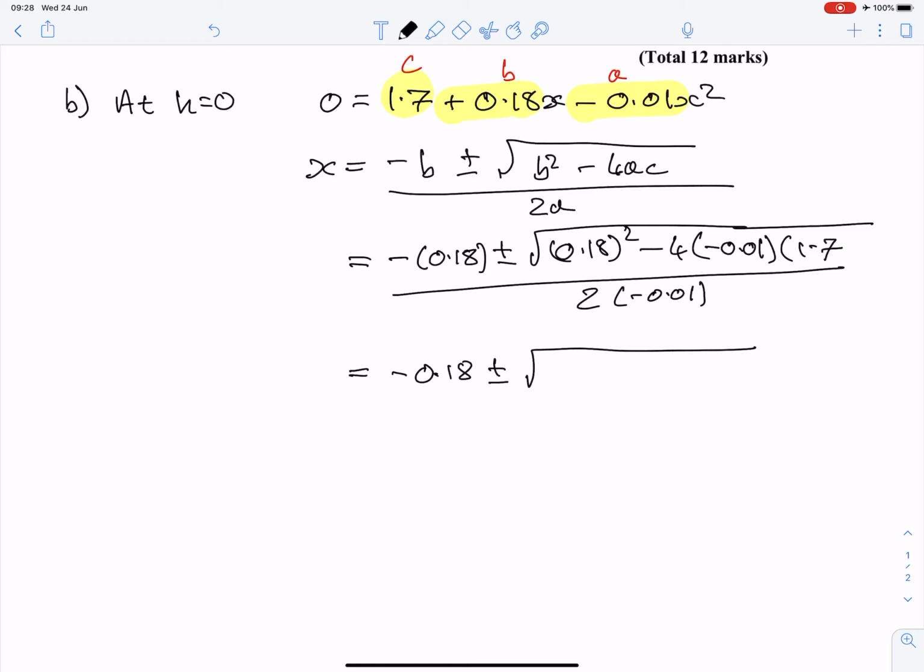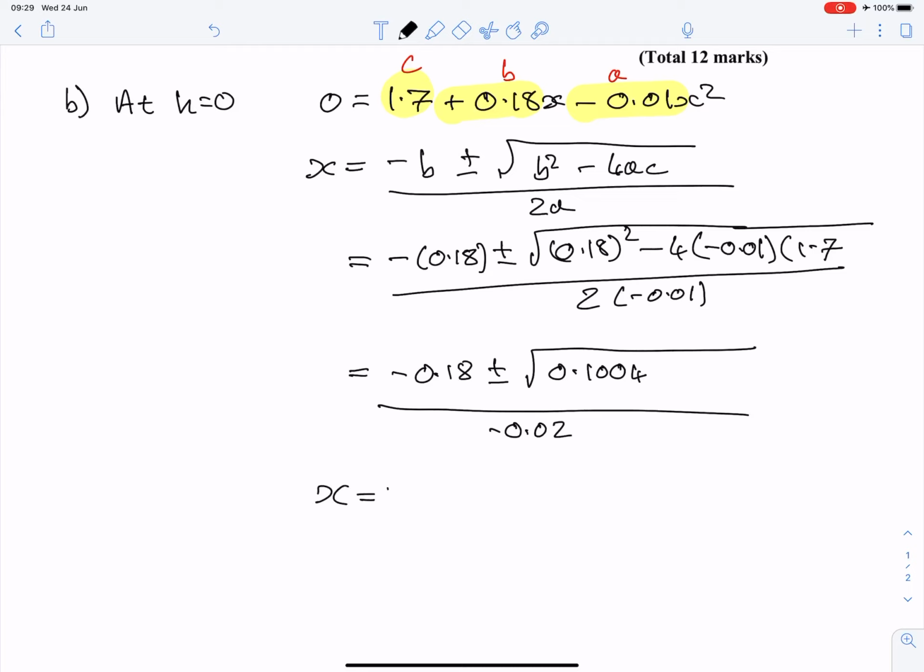Here it asks on the mark scheme for this to be written out as 0.1004, using the calculator, all over negative 0.02. Okay, so tap it in the calculator and out come your answers.